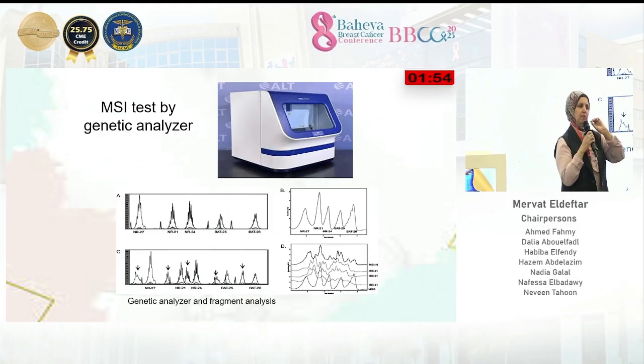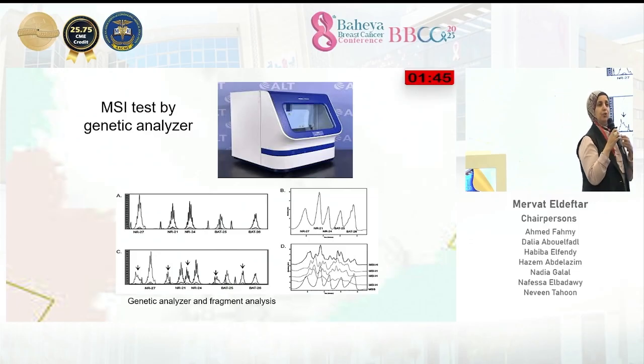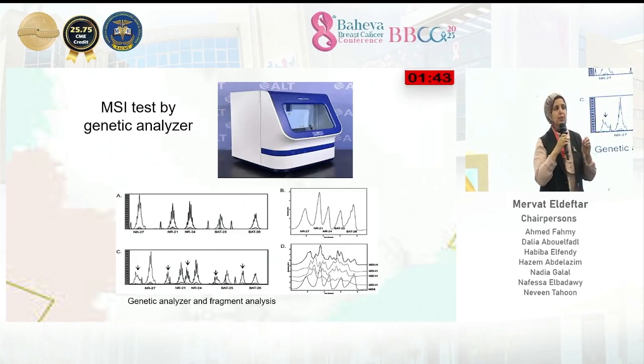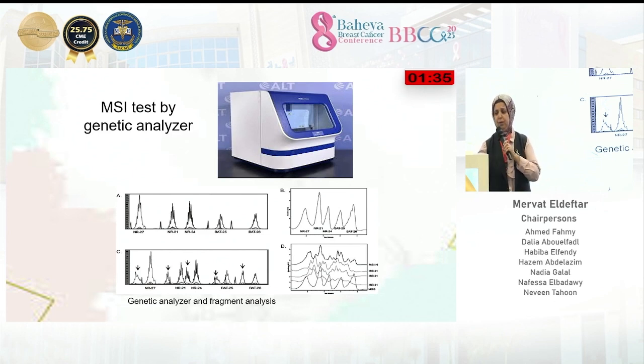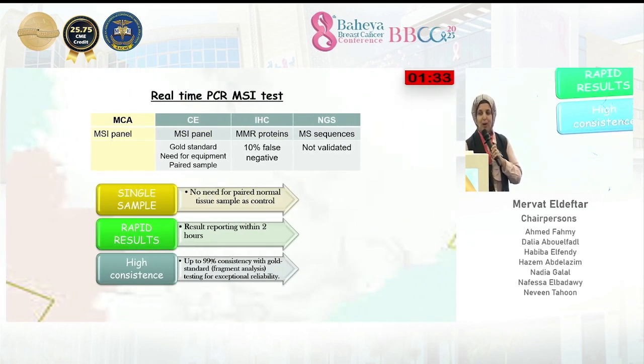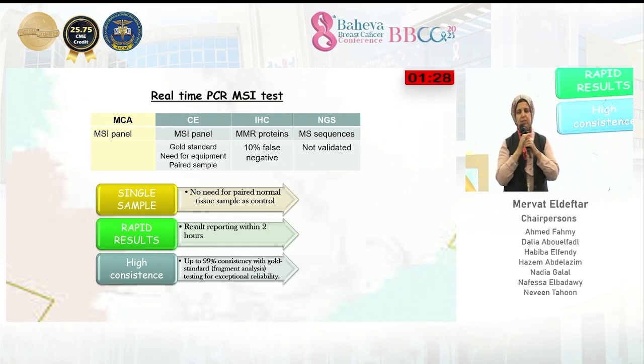That means we have repetitive sequences in our DNA, and they are highly affected when the mismatch repair proteins are not working. So we can do a microsatellite instability assay, and the gold standard is the genetic analyzer. And now there is a real-time PCR assay for the MSI.